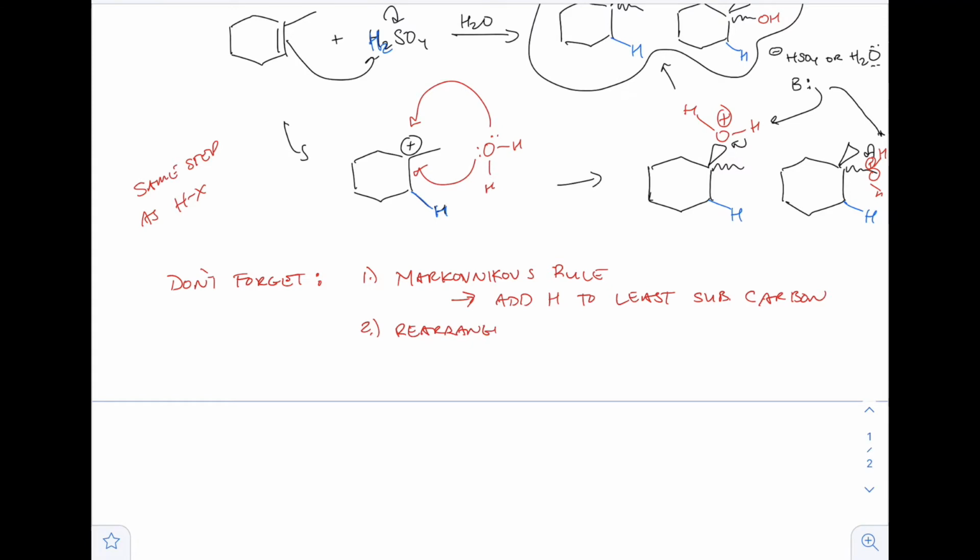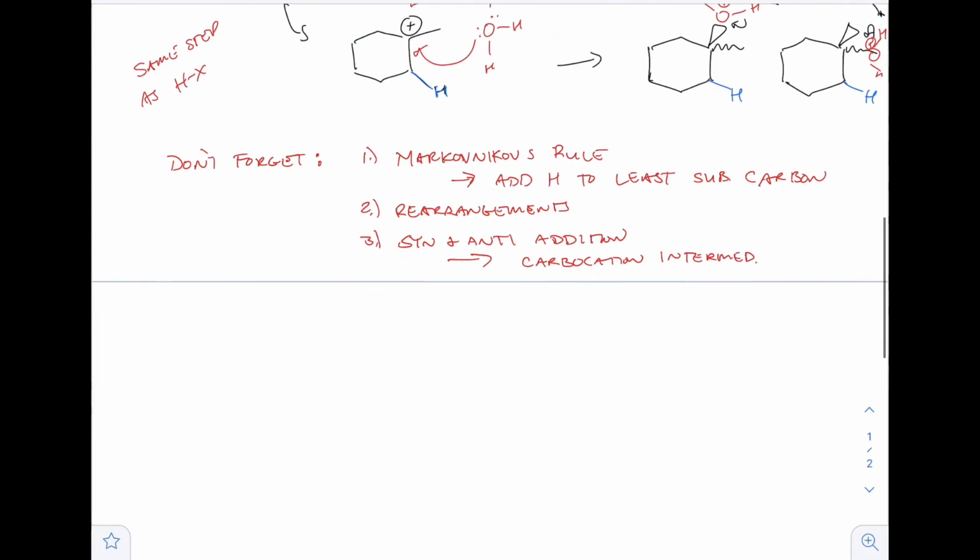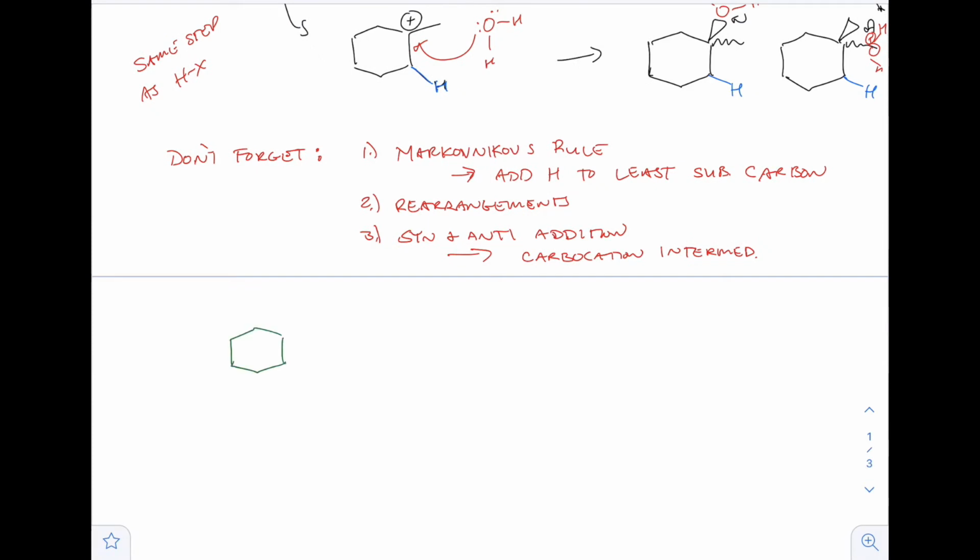Since it has that carbocation intermediate, we also want to remember that rearrangements can occur, and of course the syn and anti addition that leads to the two different products. That's just because we have that planar carbocation intermediate. Again, just a helpful reminder.